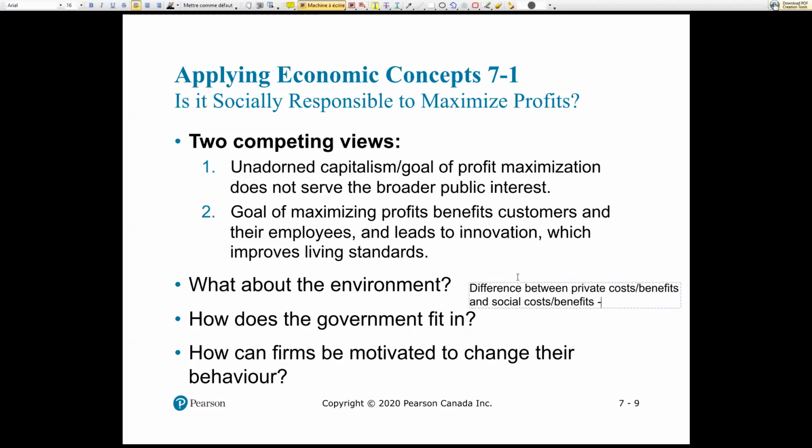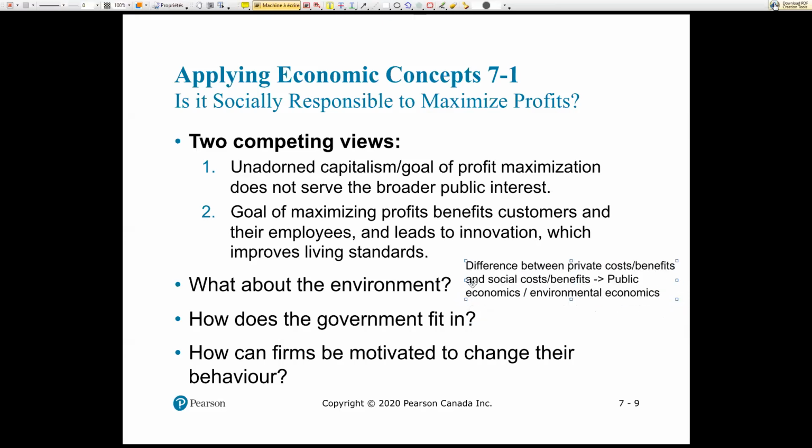And this is seen in public economics or environmental economics. So it's definitely true that lots of things are going on in firms that are not good for the environment, but are good for themselves.